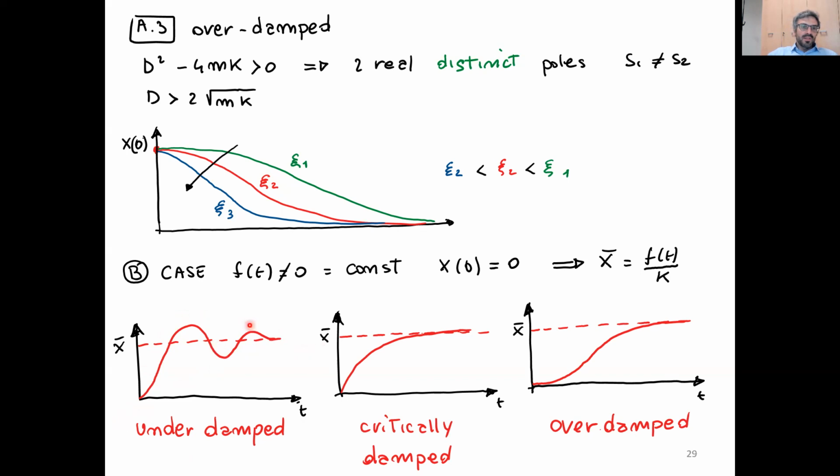So in the underdamped case, we have 2 conjugate complex poles. In the critically damped case, we have 2 real coincident poles. And in the overdamped case, we have 2 distinct real poles, and we have this value shown up here. And you see that you have overshoot only in the underdamped case.